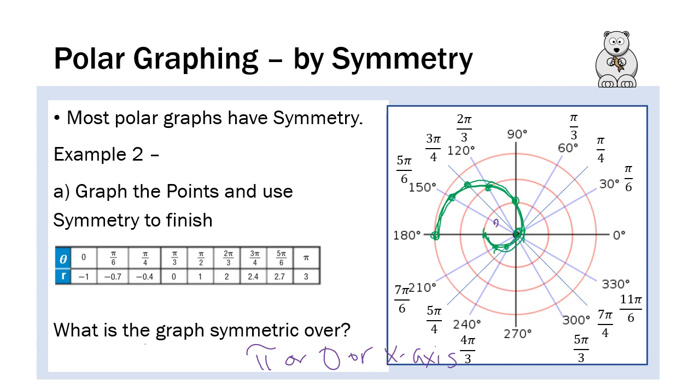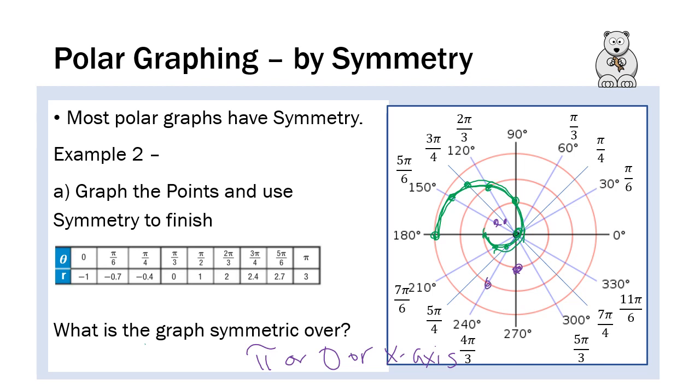And if the 5 pi over 4 line matches with the 3 pi over 4 line, that's about right here. And if 90 matches with 270, that's at 1. Okay, and if 2 pi over 3 matches with 4 pi over 3, that was at 2.